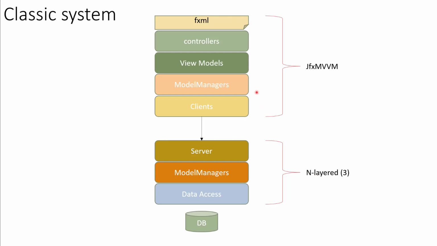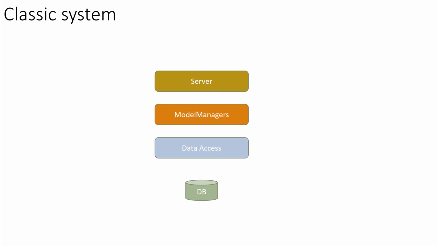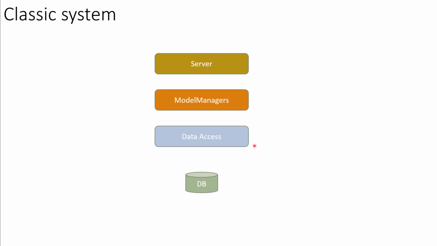Up here we have 5 layers, but we want to be more structured than just organizing stuff into separate layers. So we're going to focus on the server side, and the question is, how do we structure this layer, the model managers, our business logic layer, and how are we going to structure this layer here, the data access layer?